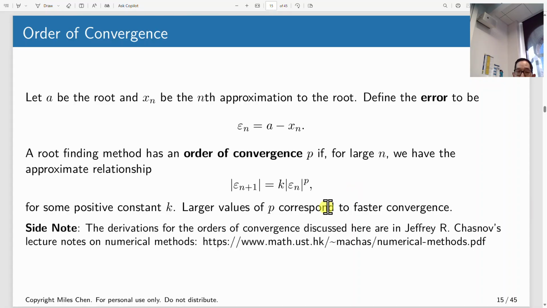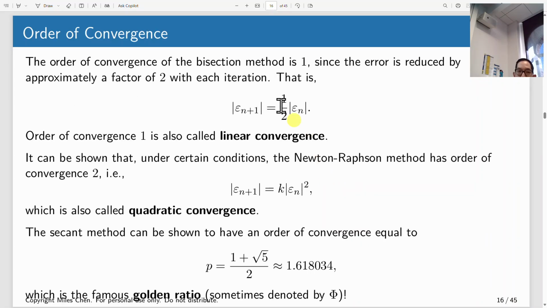Okay, and so with the bisection method, we're cutting our interval size in half with every iteration, and so our order of convergence is linear. The order of convergence is 1, because at every iteration we're cutting the size of the interval in half.